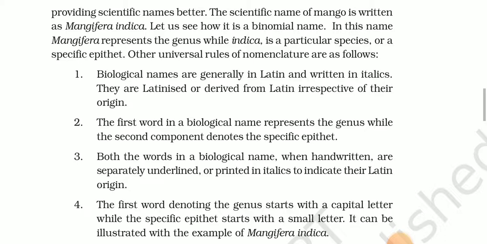Biological names are derived from Latin, so to represent their Latin origin they are printed in italics, or separately underlined when handwritten. And the genus name should start with a capital letter and the species name with a small letter.